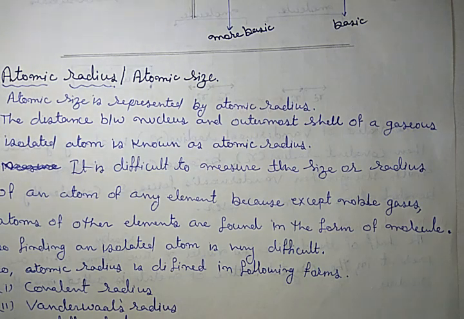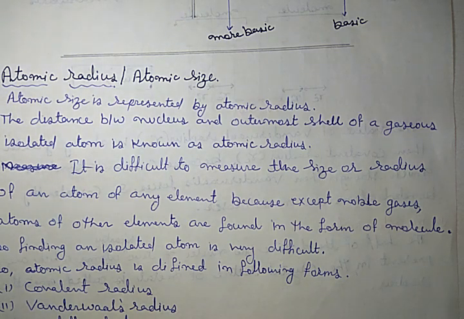As we already discussed, an atom is a spherical structure, so its radius is used to refer to atomic size. What is atomic radius? The distance between the nucleus and outermost shell of a gaseous isolated atom is known as atomic radius. Clear?